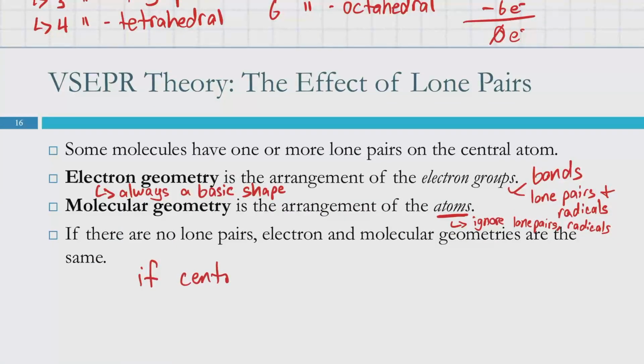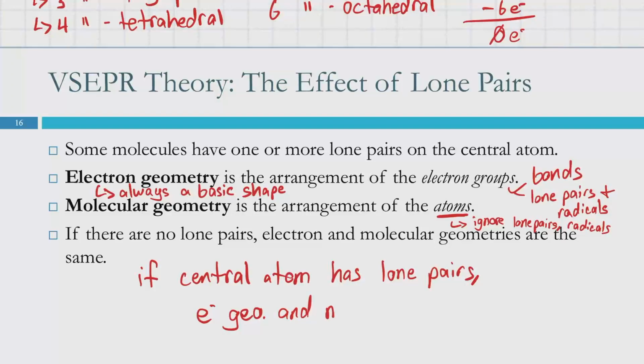If the central atom has lone pairs, one or more, then the electron geometry and the molecular geometry will be different.